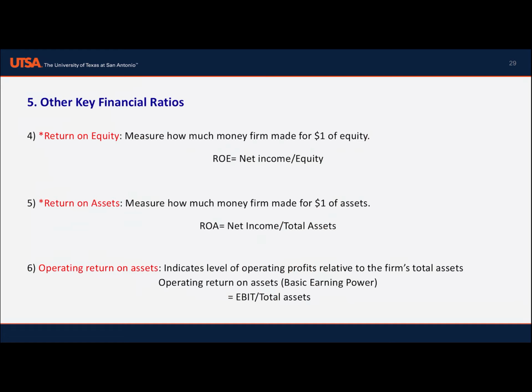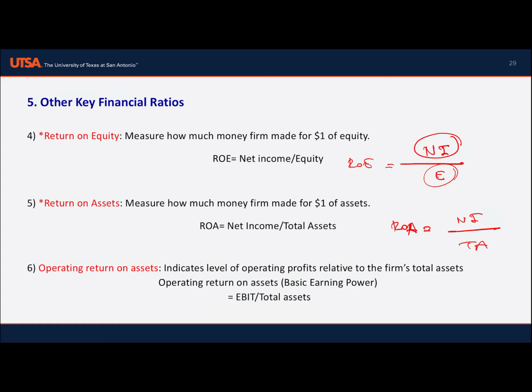So this is your return, net income over equity, which is return on equity. Return on assets is net income over total assets. It measures how much money a firm made for $1 of assets.